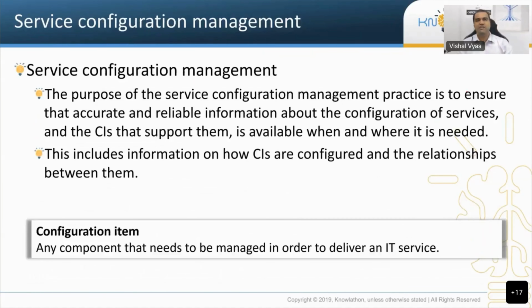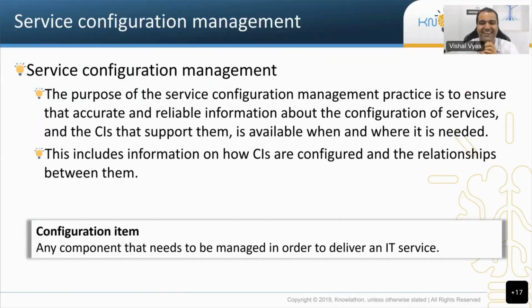Service configuration management. So we have discussed asset list. Asset list, anything which is financially valuable, right? Okay. A virtual machine, a VM that you have, is it an IT asset? Does it have financial value? No. But can someone go and change it without approval?